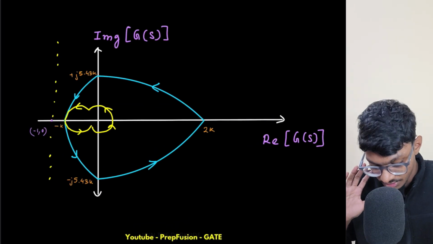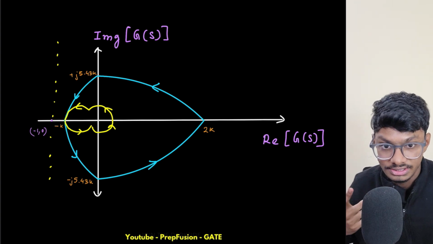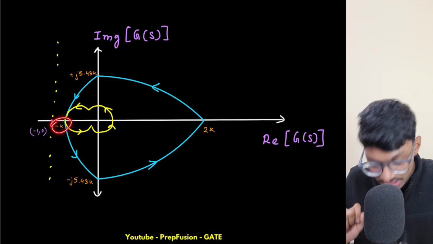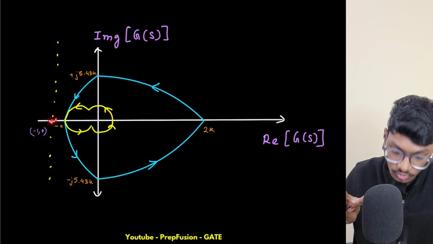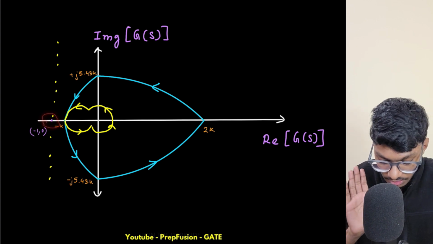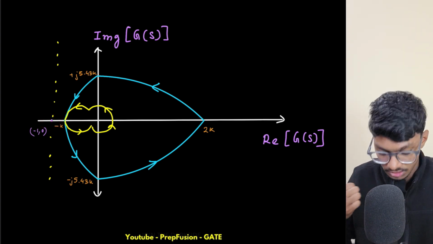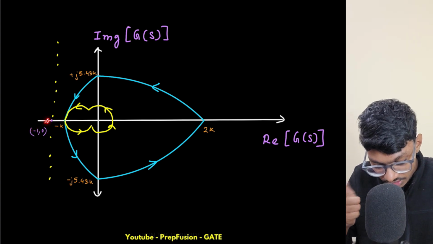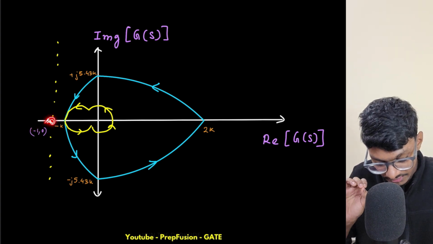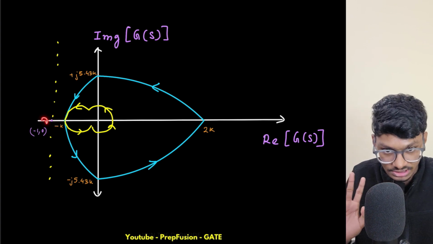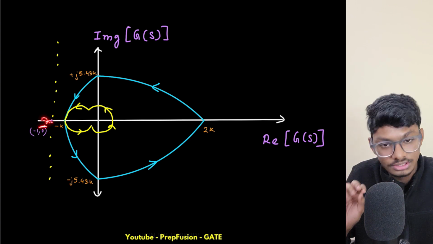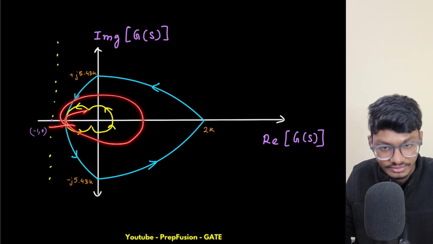If its asymptote is minus 1 comma 0, then what does that mean basically? My k is varying from 0 to 1, so it will never touch the asymptote. So I can exactly find the encirclements here. This will never reach this point, so all these plots will never reach this point.